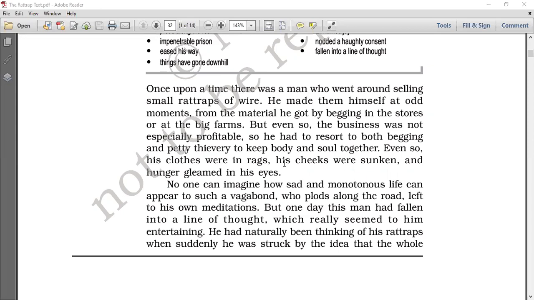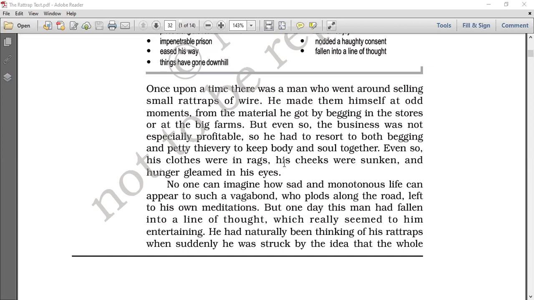So here, once upon a time, the author is giving, once upon a time there was a man. And there was a beautiful forest. Likewise we started with fairy tales, and many moral stories related to that. So here see, the narrative started like that.